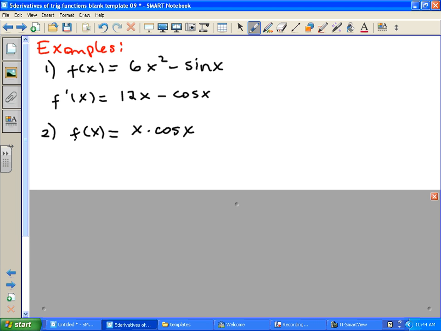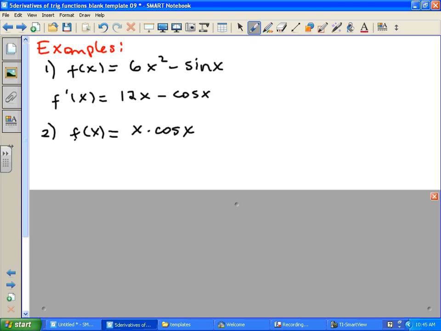Do we need to use the product rule here? We do, because you have x times cosine x. Both of these are functions of x. If you had like 5 times cosine x, that's the constant multiple rule. There you don't need the product rule. But if you have 2 things being multiplied, both of which contain the variable, we need to apply the product rule.